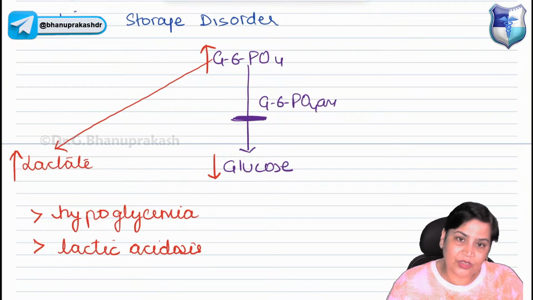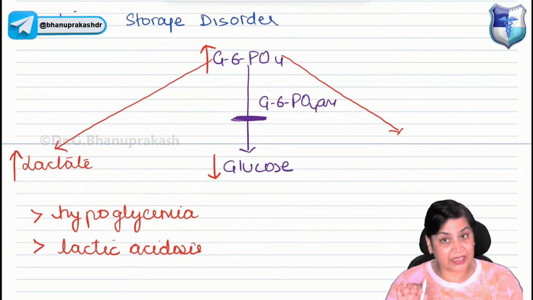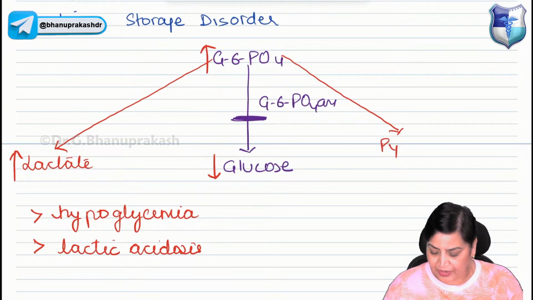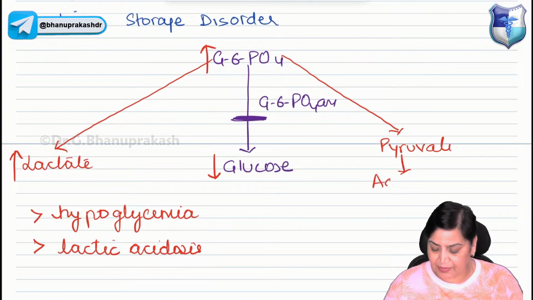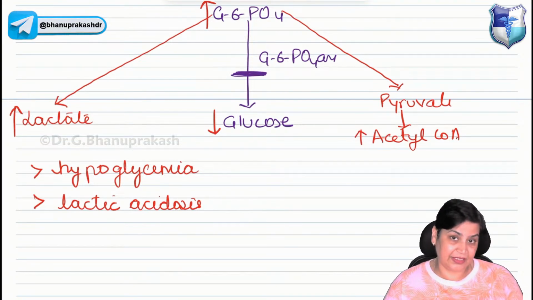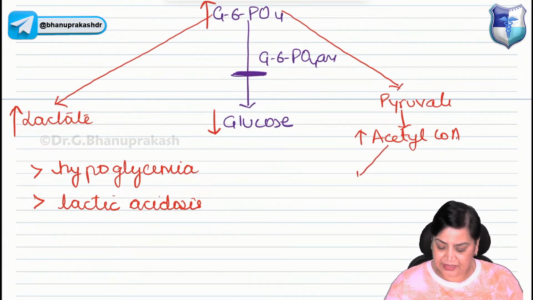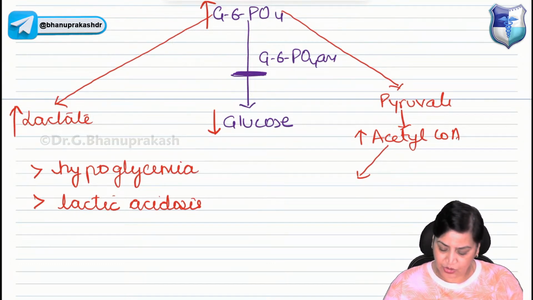Again, this glucose 6 phosphate will form pyruvic acid. As you know, with increased concentration, glycolysis will be there because lactate is being produced. So pyruvate will be produced, and this pyruvate will be converted to acetyl coenzyme A. This you have all studied. So if the concentration of acetyl coenzyme A increases, which is required for the synthesis of fats in the body, the concentration of fats will increase.